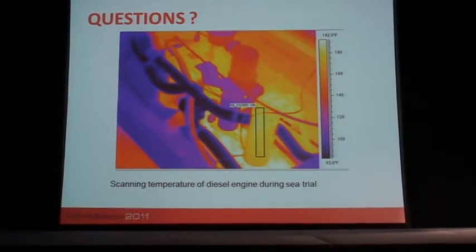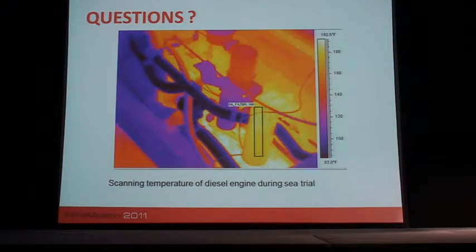My last image, and then I'll take some questions. You heard Tom Scanlon talk a little bit this morning about spot radiometers. And here is a diesel engine where I did some infrared along with the engine surveyor that did his spot radiometer.